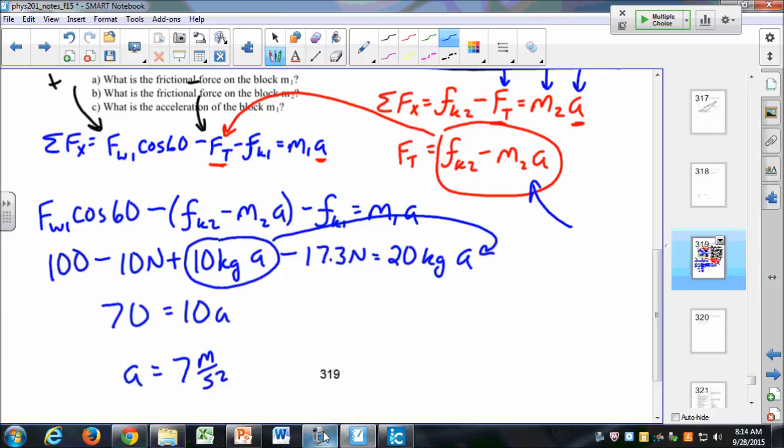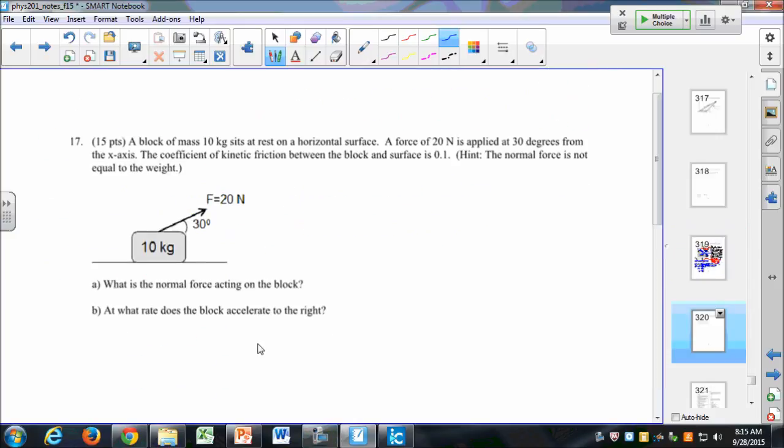All right. If you look back at the old test, you can find some different examples of these. There's also one in the homework as well, but you will have a two-body problem with two forces in two dimensions on an inclined plane. You might have another 2D problem as well, like for example on the next one. We've worked one similar to the next one. This one's a little simpler.